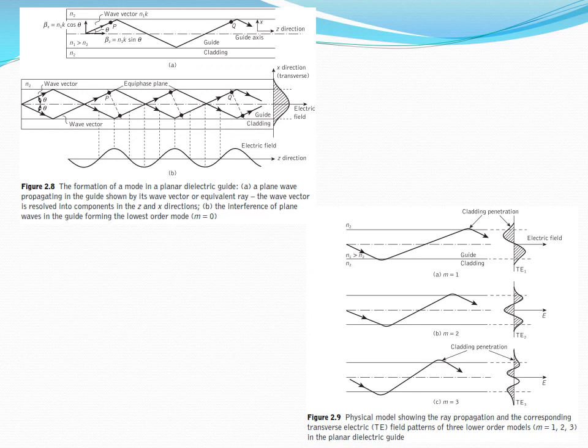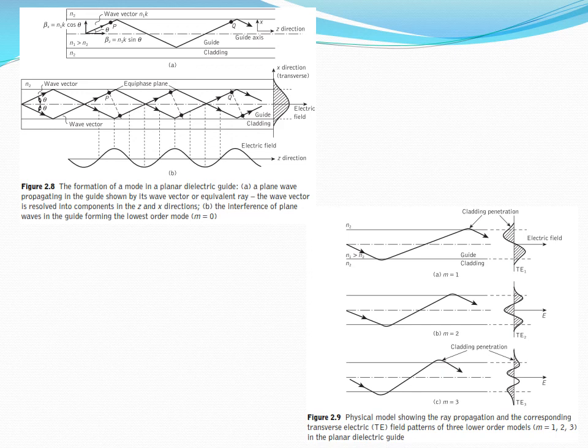But whenever we look into these three optical rays, as the number of modes increases, the optical ray enters into the cladding surface, or what we call penetrates into the cladding surface.